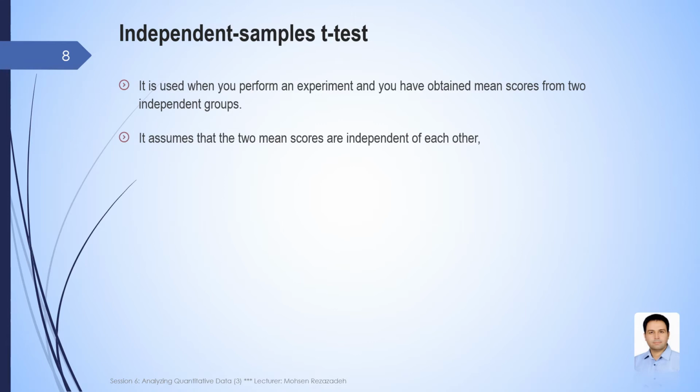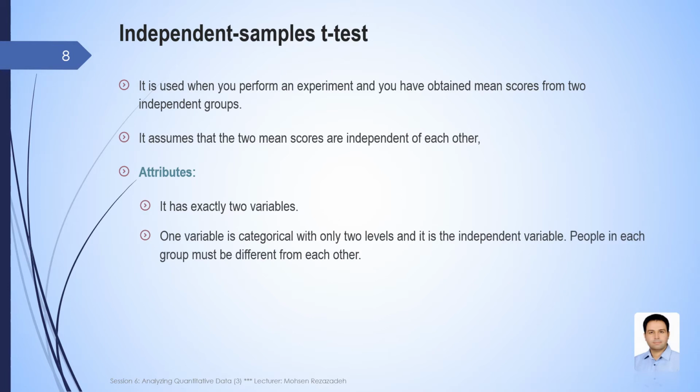There are some attributes for the independent samples t-test. First, it has exactly two variables, not more. One variable is categorical with only two levels, and it is the independent variable. People in each group must be different from each other, as I said, for example, an experimental group and a control group.